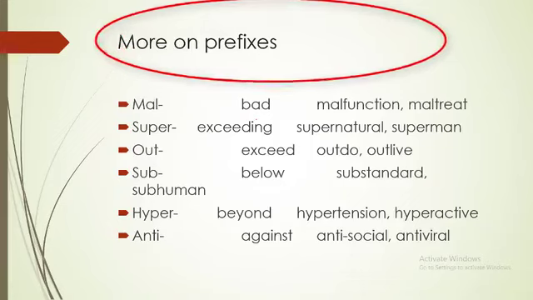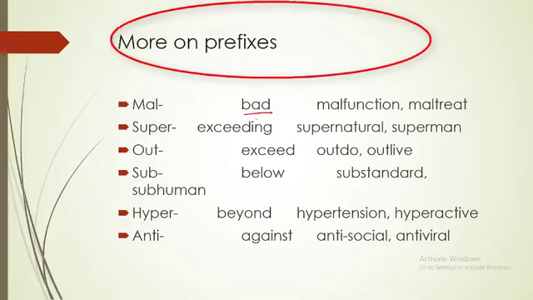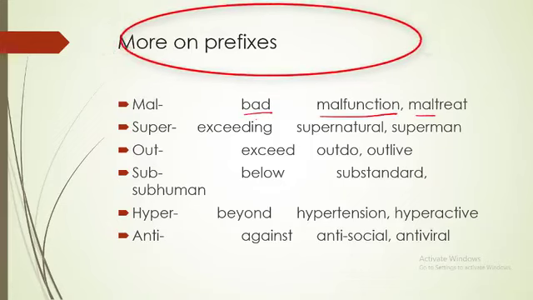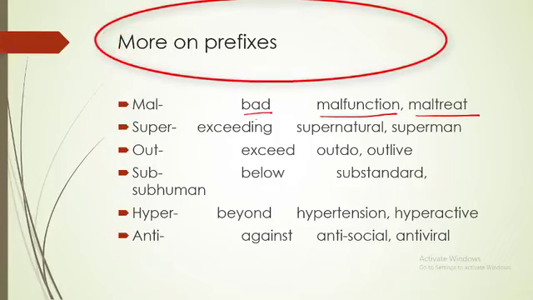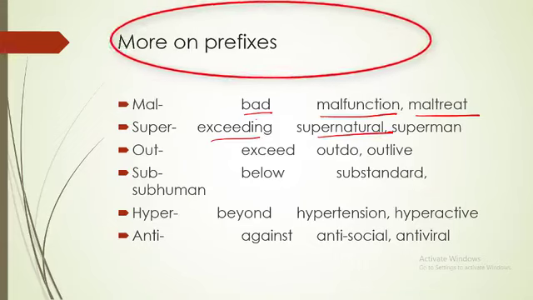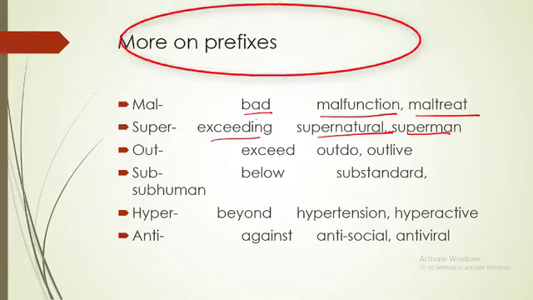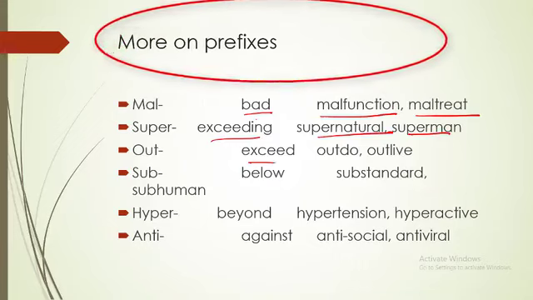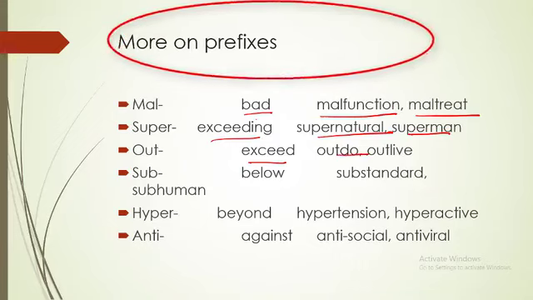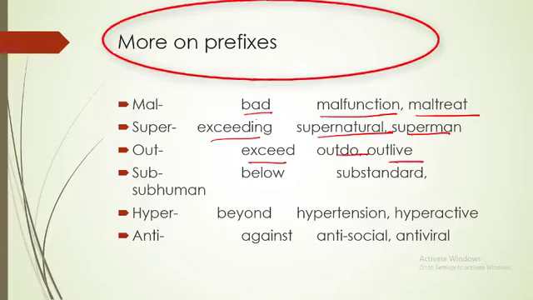So we have malfunction or maltreat, which means bad. We have super, which means exceeding. Supernatural, exceeding natural. Superman, exceeding natural man. Out is exceed: outdo, outlive. Then we have sub, which means below: substandard, subhuman.